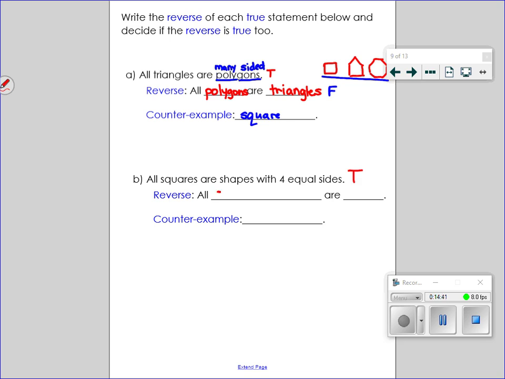All shapes with 4 equal sides are squares. Well, is that true? Can you think of a counterexample that would prove this statement not true? Can you think of any shapes with 4 equal sides?